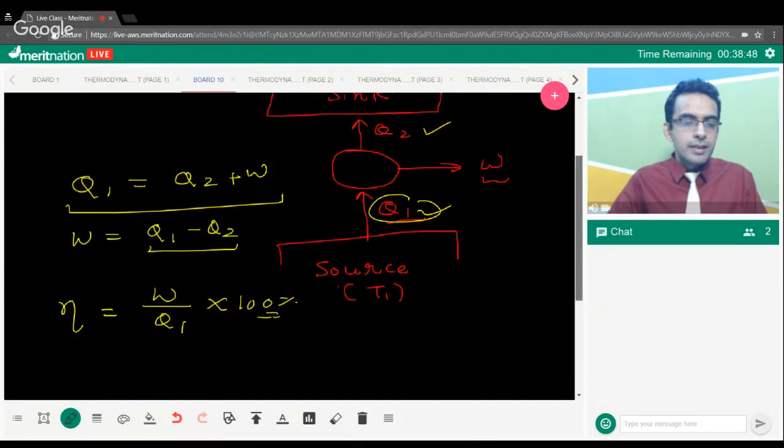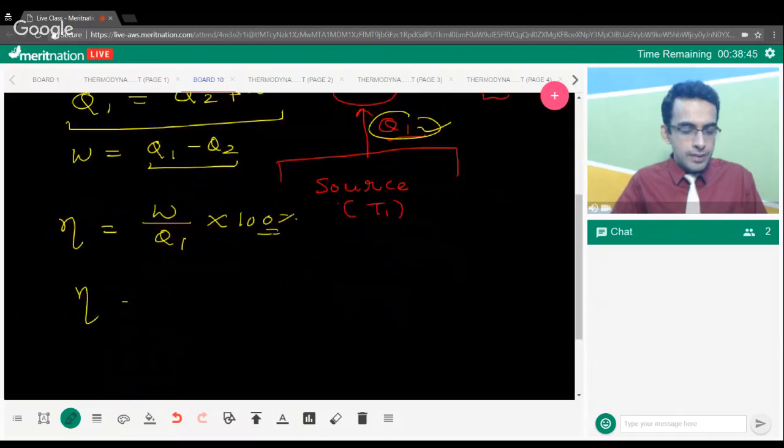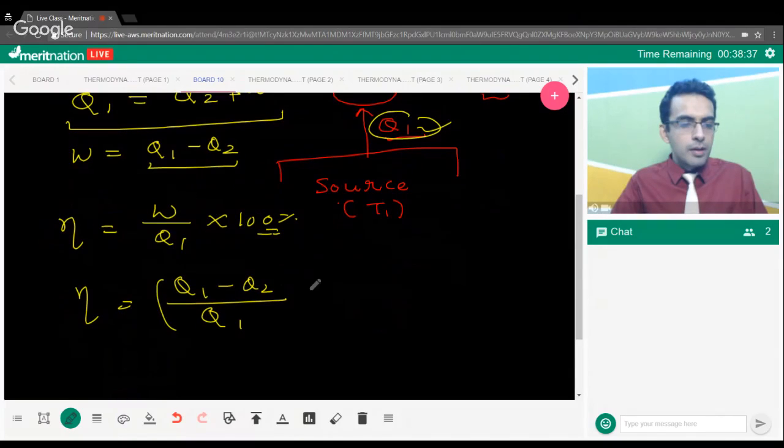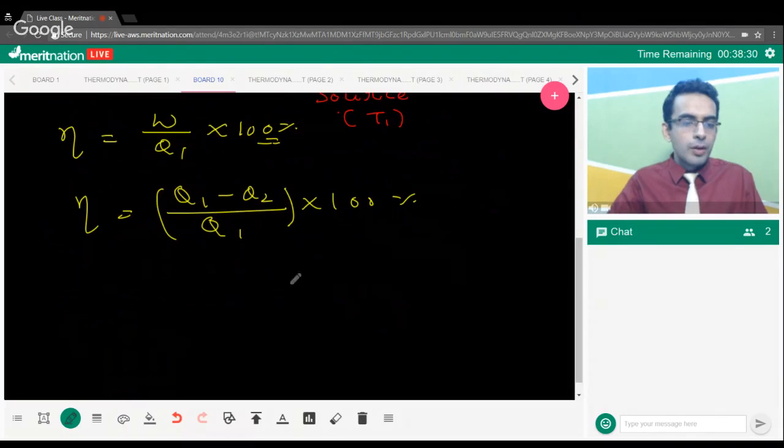So efficiency is equal to Q1 minus Q2 over Q1 multiplied by 100, in percent. So eta is equal to 1 minus Q2 over Q1. This is the formula for efficiency, right?